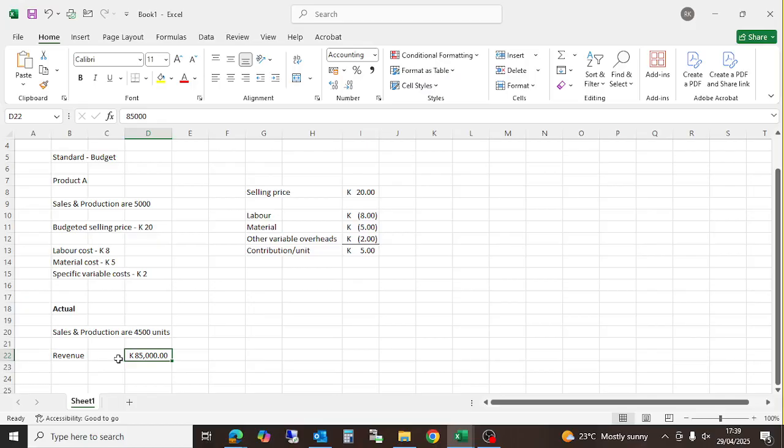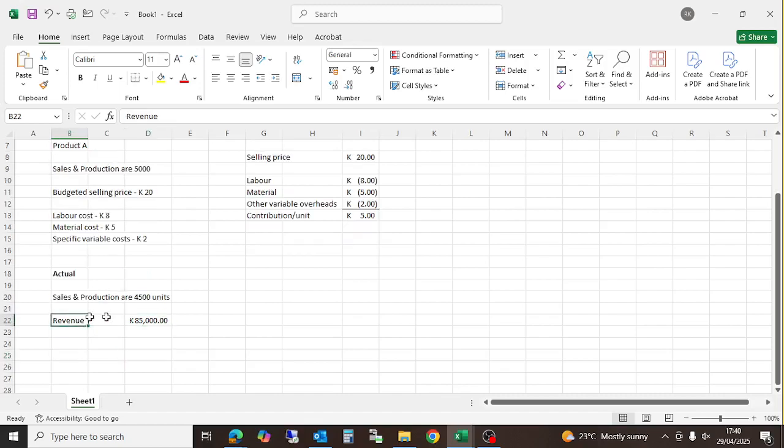Just like Zika does with their questions, they also make up figures. That's the exact thing that I'm doing. So revenue is 85,000. I'm just trying to put in data so that we solve something and it gives us the understanding that we are looking for.